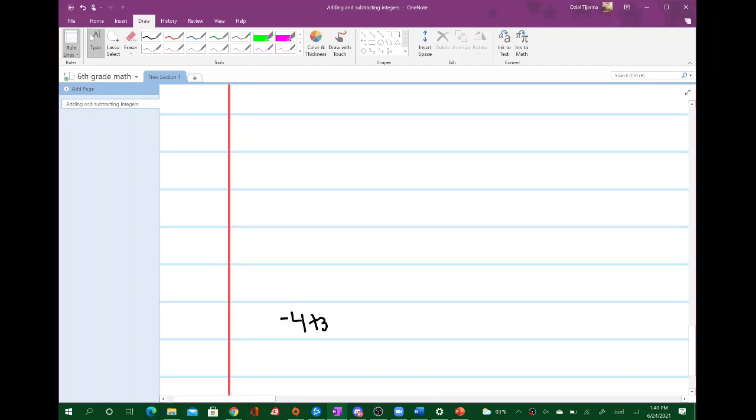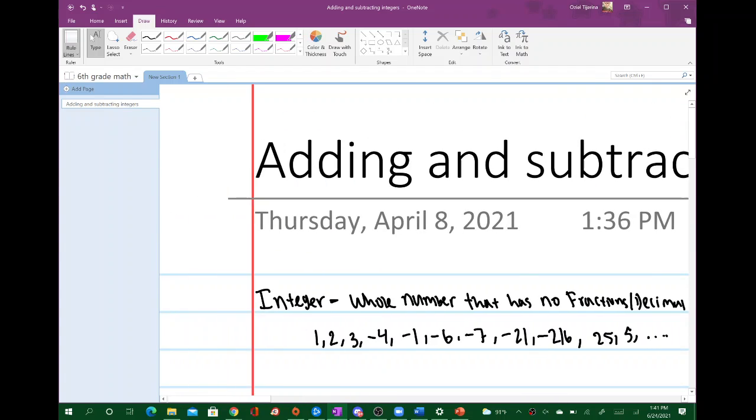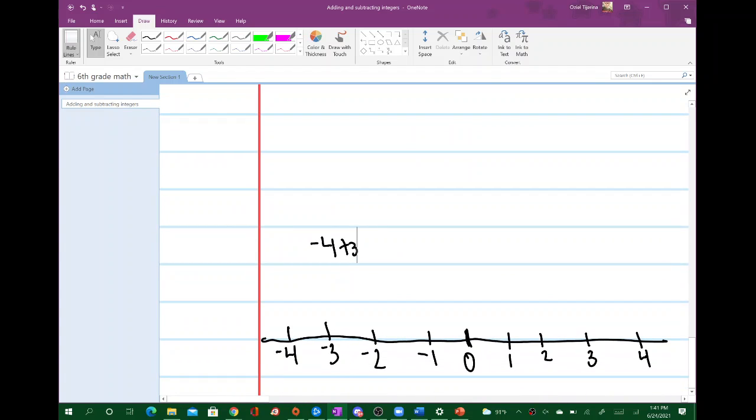Before, when you learned about subtracting and adding numbers, you would know that if you had 3 minus 4, that's impossible. You can't do that. That's what they taught you when you were maybe in 4th grade or 5th grade.